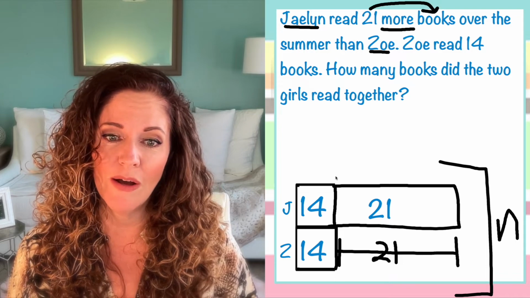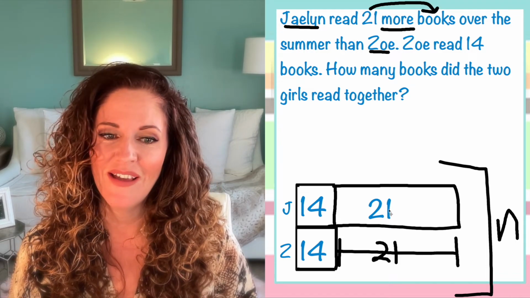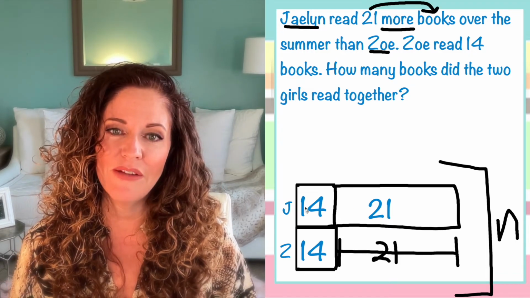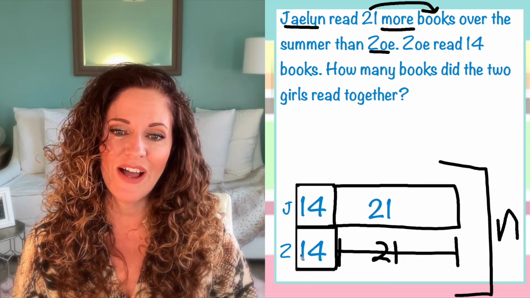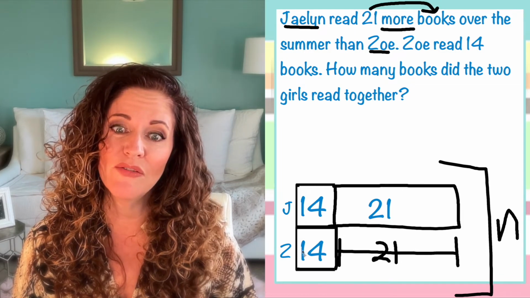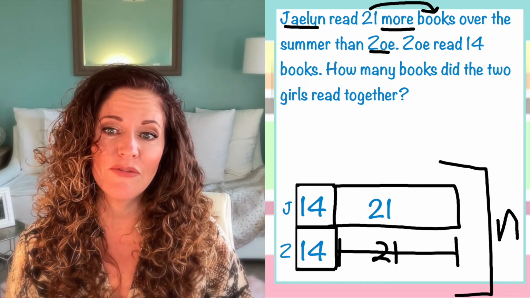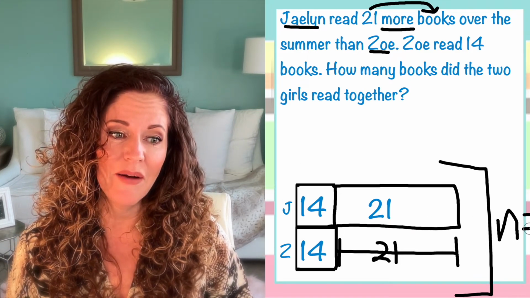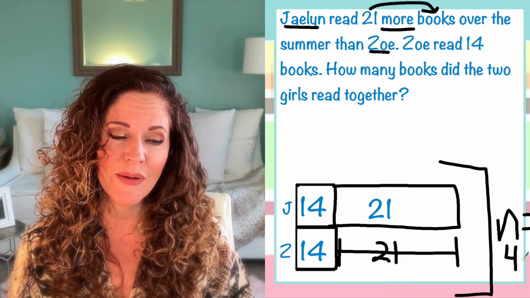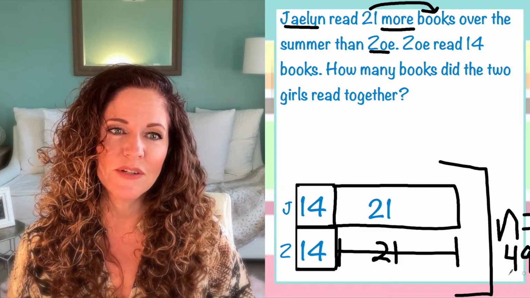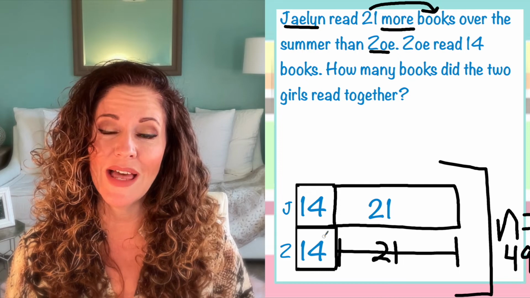I just take one off of the 20 and give it to the 14. 15 plus 20 gives me 35. And 35 plus 10 gives me 45. 45 plus 4 ones gives me 49. See how I was able to do that in my head by using my mental math strategies? So together the girls read 49 books.